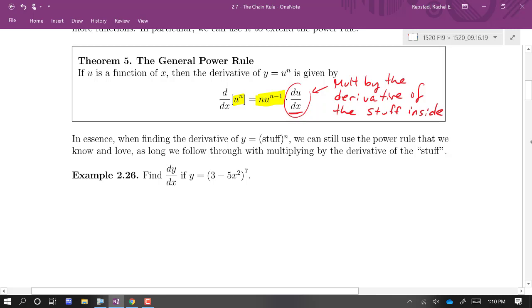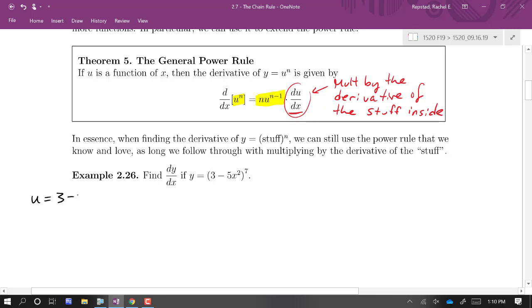What the chain rule allows us to do, this general power rule, says, okay, I'm going to think of this as stuff to a power. And I'm going to do this in two different ways. In one way, I'm going to identify what u is in this function. So looking at the general power rule and the function that we have, what is u equal to? 3 minus 5x squared.